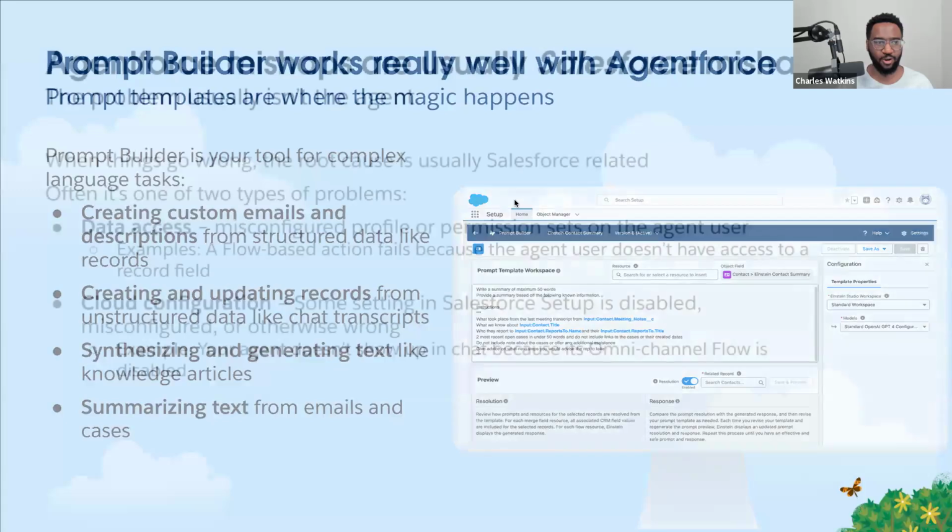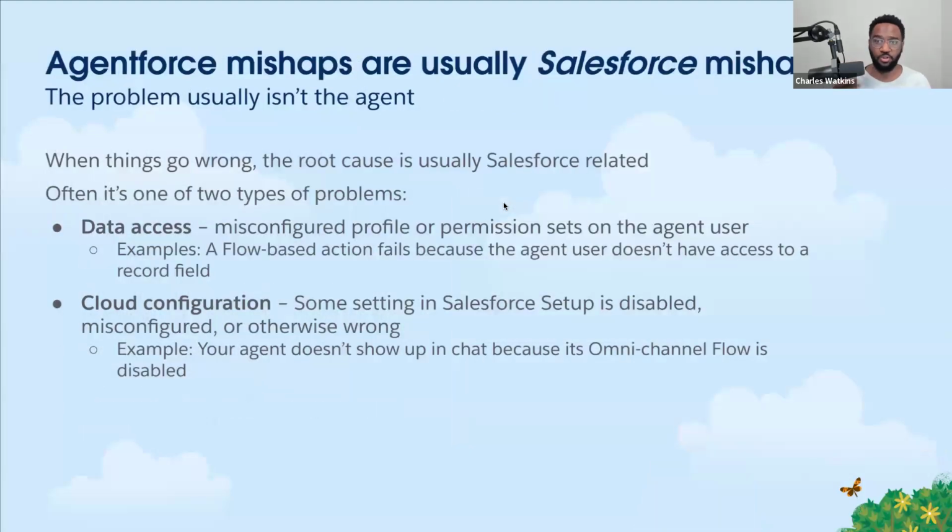The next one is Agentforce mishaps. Agentforce bugs are usually just Salesforce mishaps, because Agentforce is a thin layer on top of the Salesforce cake. When things go wrong, the root cause is usually, in my experience, and Mohit, keep me honest here, one of two things. It's either data access, where you've misconfigured a profile or a permission set for the agent user.